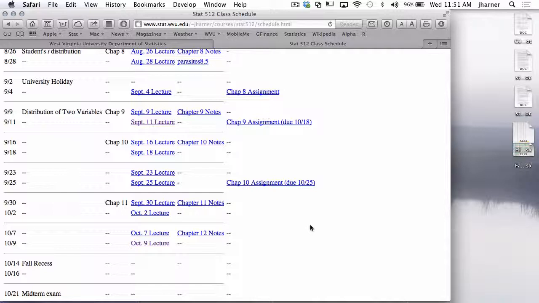Are we allowed to use our book on the exam? No, just a sheet of paper. That's why I want you to organize the material. So it might be a good idea to bring a calculator. It's not essential. I'm not going to have you compute anything that's going to be very difficult to compute. But if you want to bring a calculator, you can. But you can't use a calculator on a smartphone or a tablet or whatever.